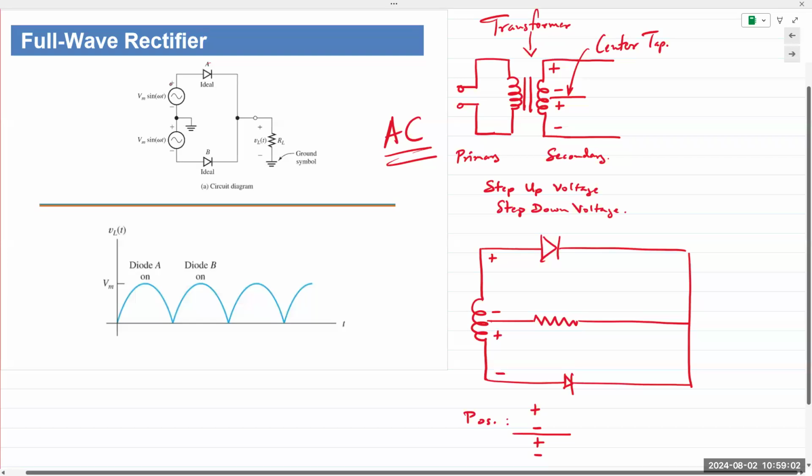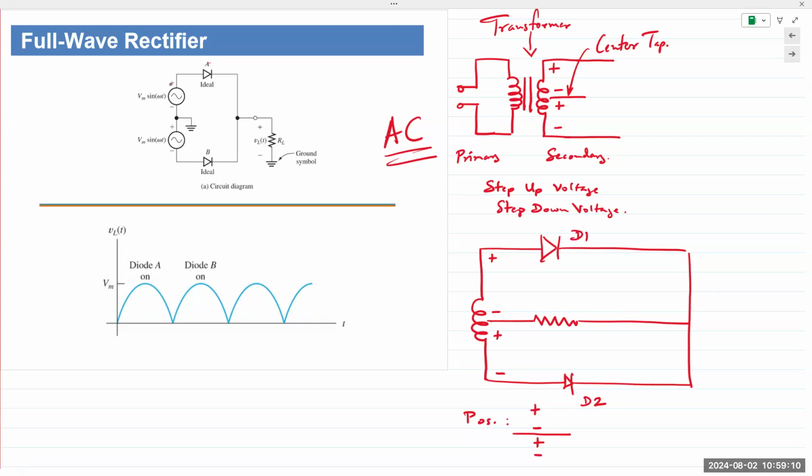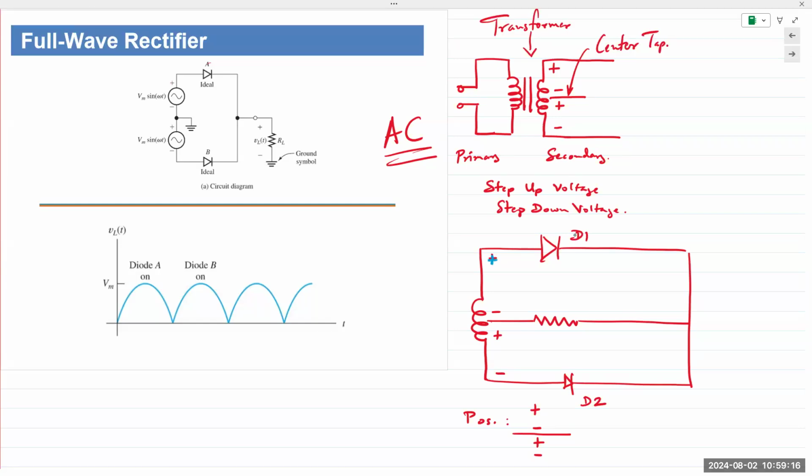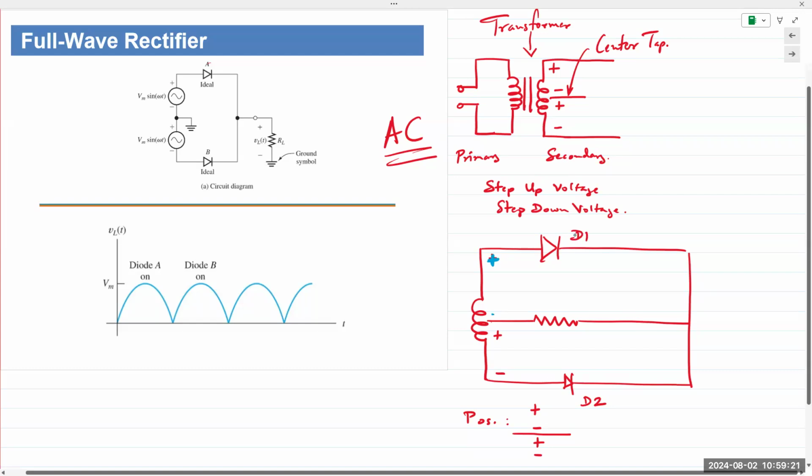What happens to diode D1? Diode D1 is forward bias. Diode D2 is reverse bias. So in the positive half cycle, diode D1 is forward bias. This one is reverse bias.